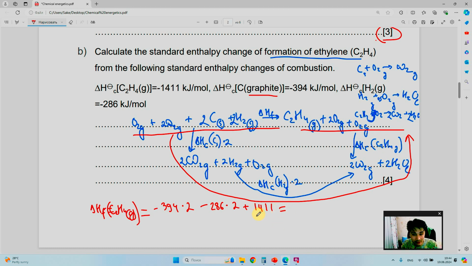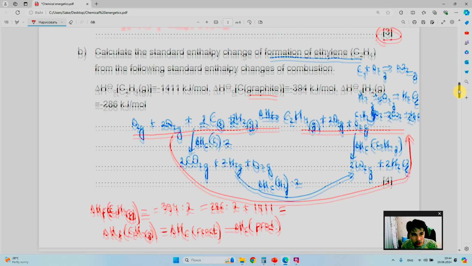And if you have a look at this equation, you'll see that in that case, formation enthalpy change equals the enthalpy changes of combustion of reactants minus enthalpy changes of combustion of products. So we can compare it with the previous outcome that we did, reactants minus products.